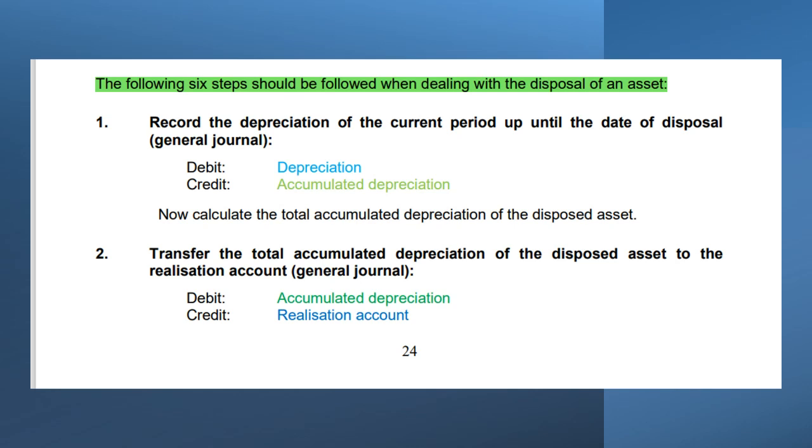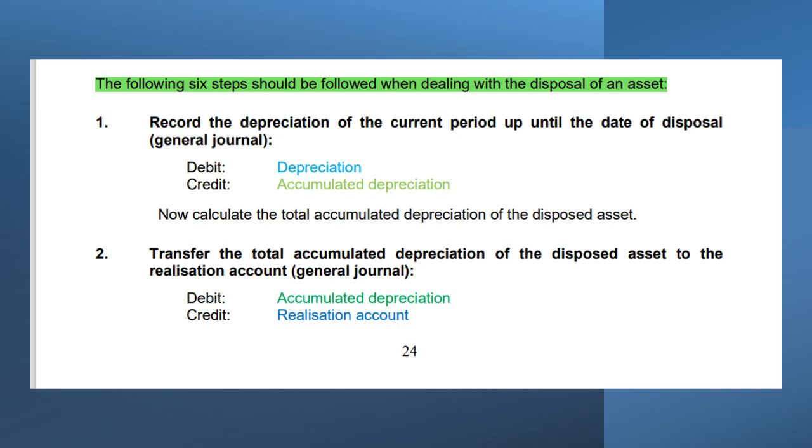What I'm trying to explain is that it doesn't have an opening balance on the debit or an opening balance on the credit. It's just an empty account that we are using to remove everything that's related to the asset that we are selling. So now they are saying on number 2, transfer the total accumulated depreciation of the disposed asset. To where? To the asset realization account.